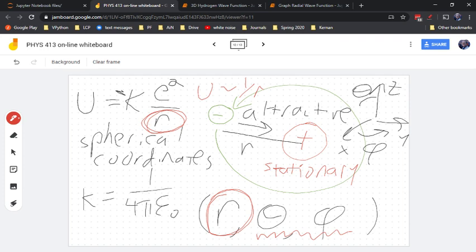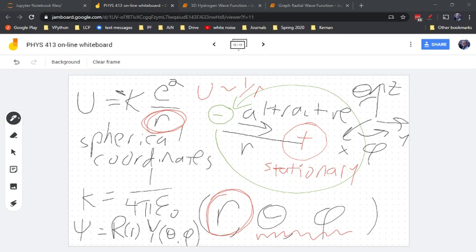What that means is when it comes time to solving the Schrodinger equation, we can actually separate out our wave function. So we can take our psi, which is a function of r, theta, and phi, and separate it into a function of r times a function, we're going to call it y, of theta and phi.